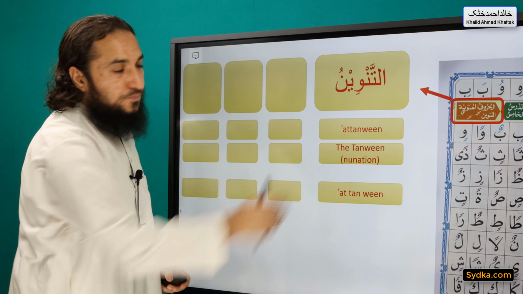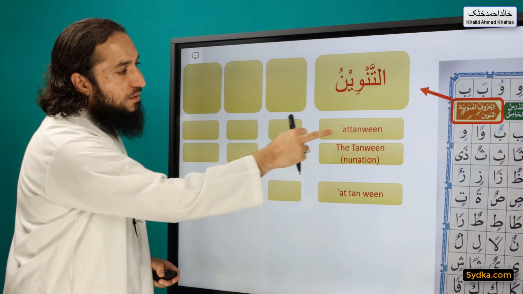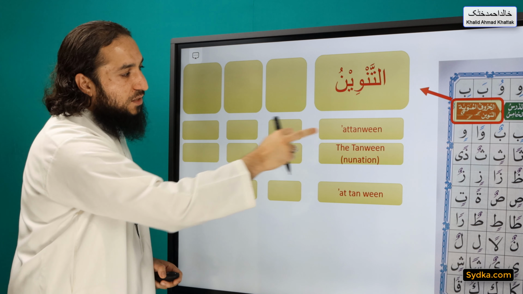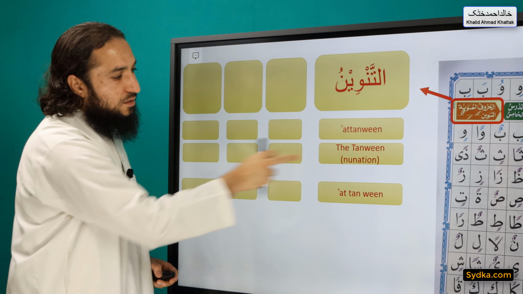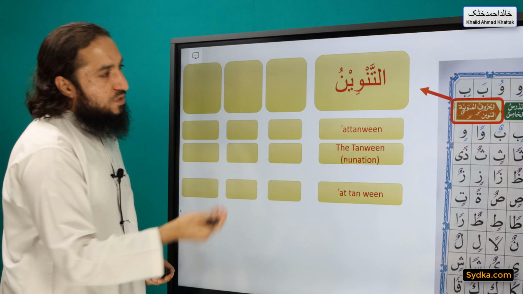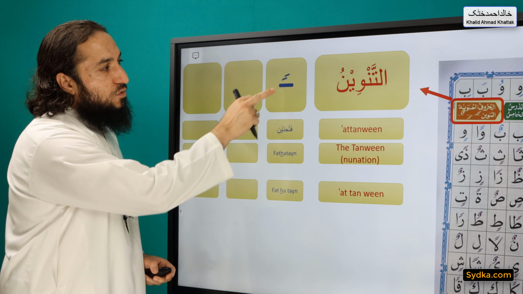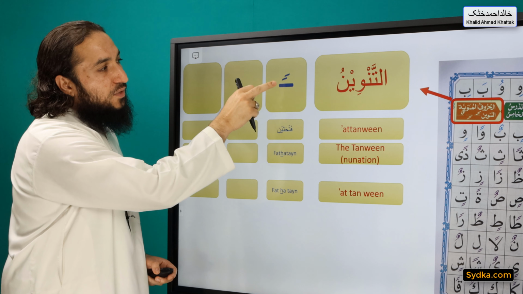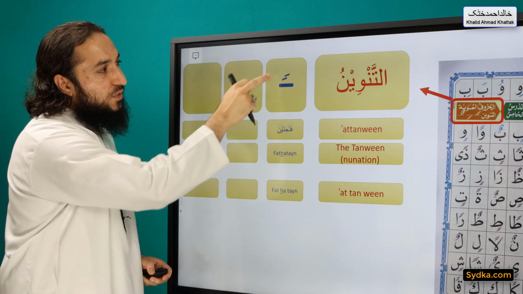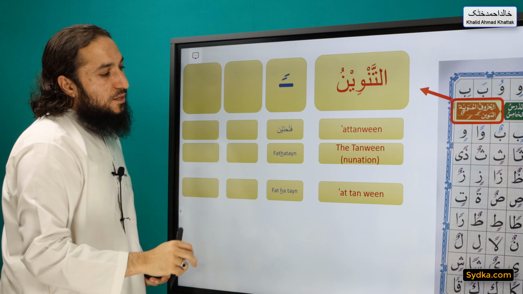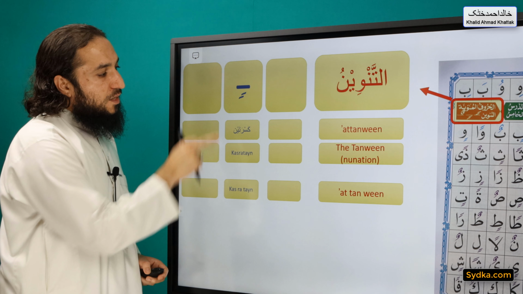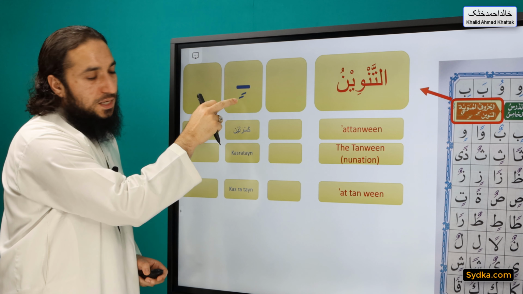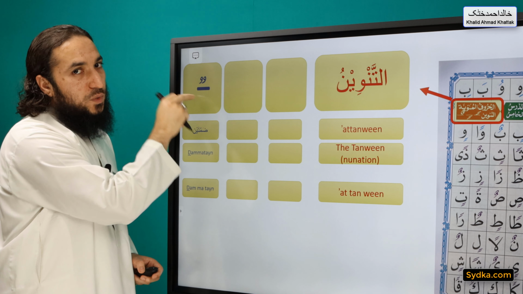So that's at-tanween, that's the transliteration line, that's the meaning, and that's further transliteration. Just a recap, fathatain is always written above the letter, kasratain always below the letter, and dhammatain always above the letter.